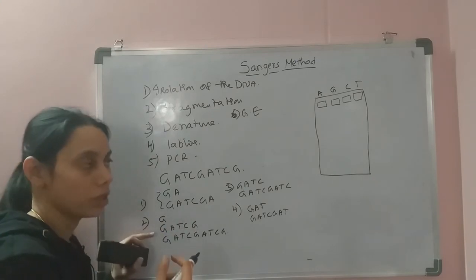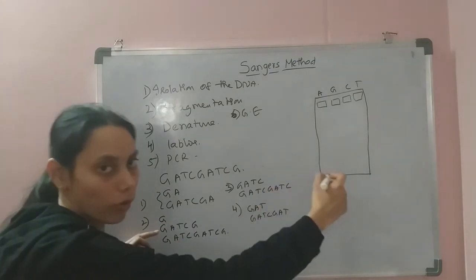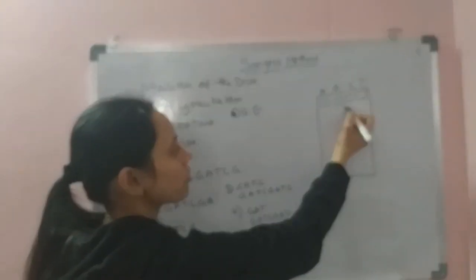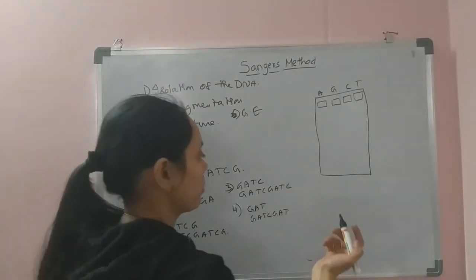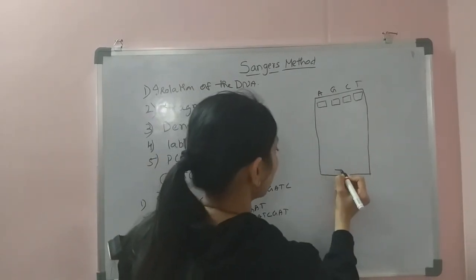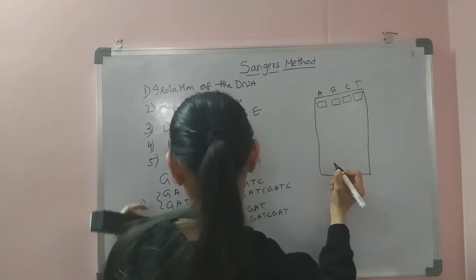So the banding pattern will be: the smallest possible fragment will reach the bottom, and at the top there will be the largest possible fragment. So here the banding pattern may be like this.